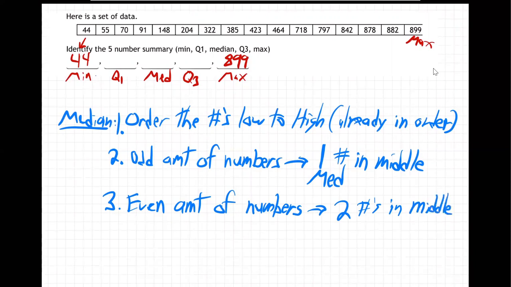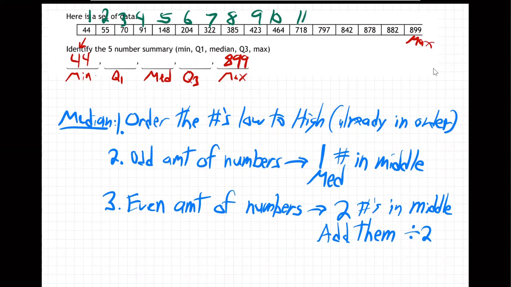Two numbers in the middle, add them, and divide by 2. Okay, so in our case, how many numbers do we have? Let me just count them off. 1, 2, 3, 4, 5, 6, 7, 8, 9, 10, 11, 12, 13, 14, 15, 16 numbers.